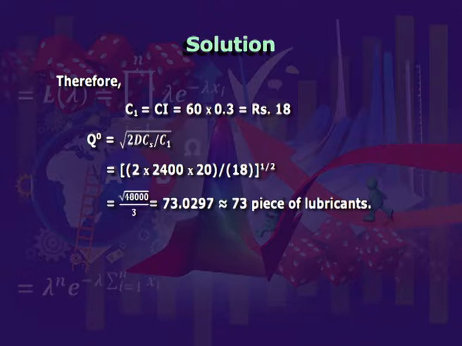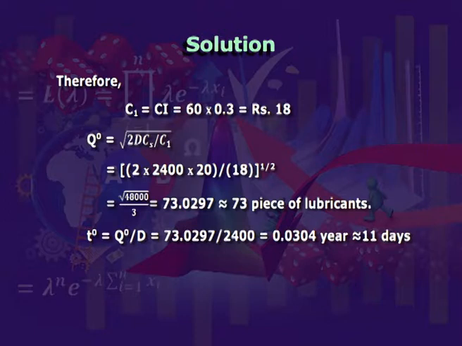Substituting the values of D, CS and C1, on simplification we get under root 48000 divided by 3, which becomes 73.0297, which is approximately equal to 73 pieces of lubricants.